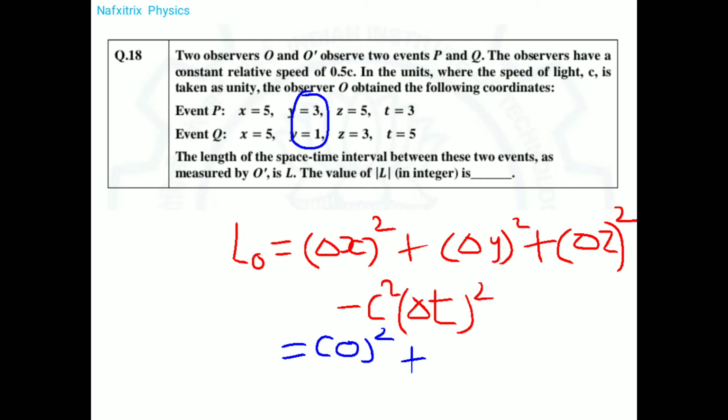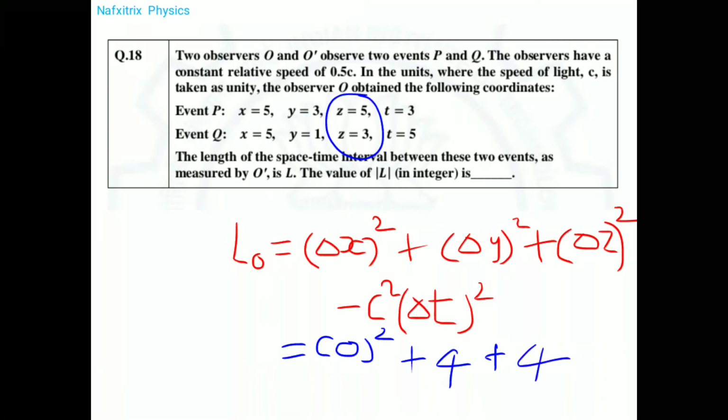So 2 square, that is 4. Next, delta z square means the difference between these two coordinates, 5 minus 3 whole square, that is 2 square, that is 4.